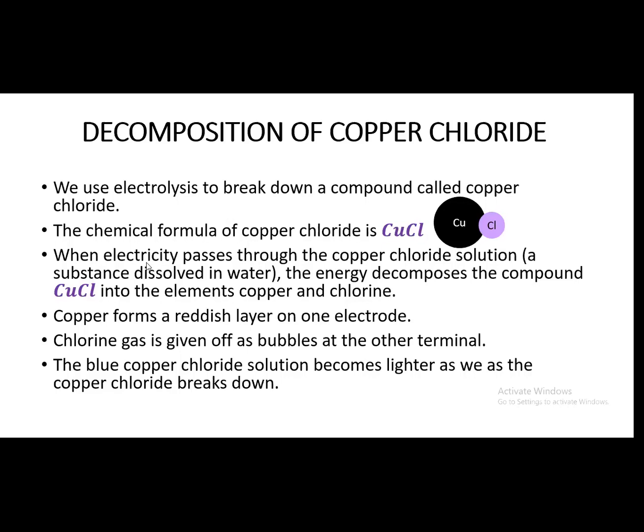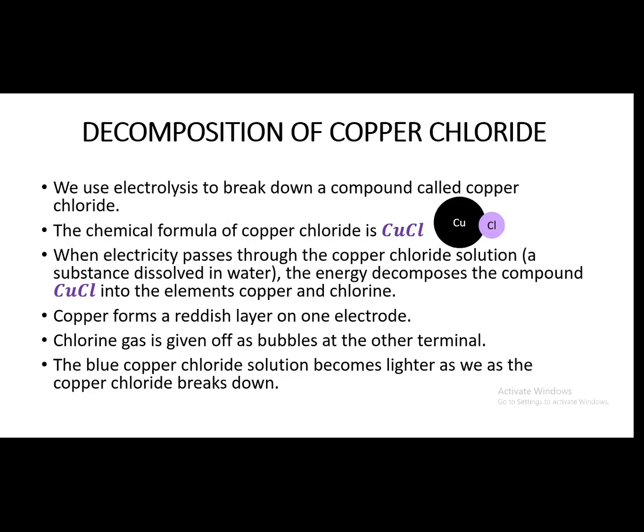When electricity passes through the copper chloride solution, a substance dissolved in water, a solution is basically a substance dissolved in water. A substance could be a salt. If you take, for example, salt and you put it in water and you stir it, it becomes a solution.